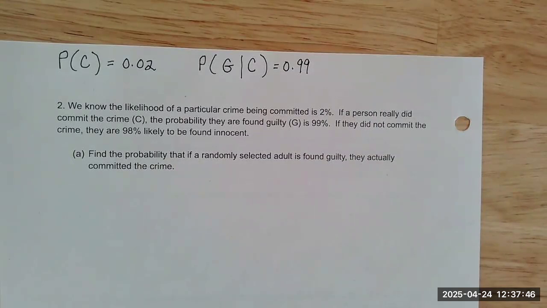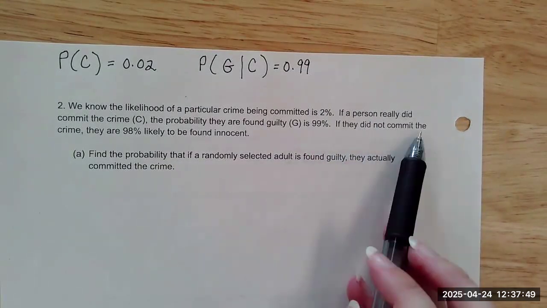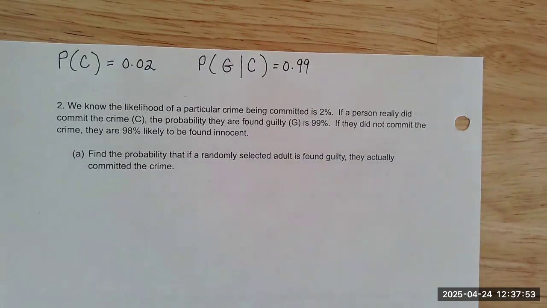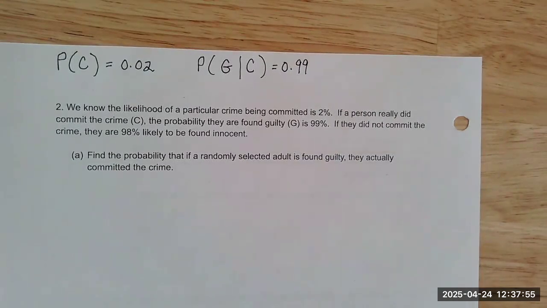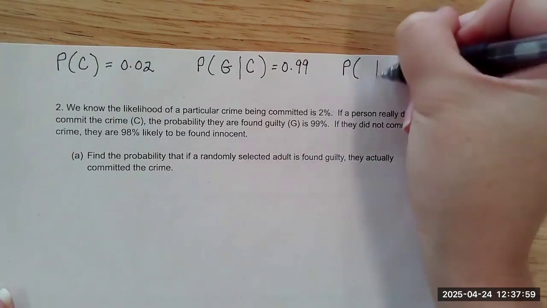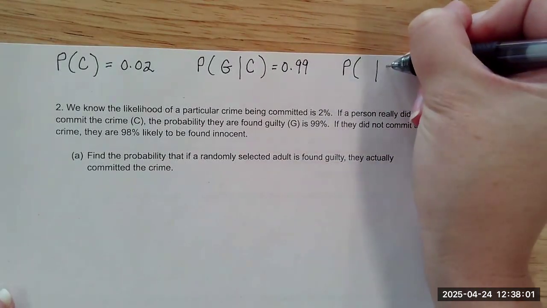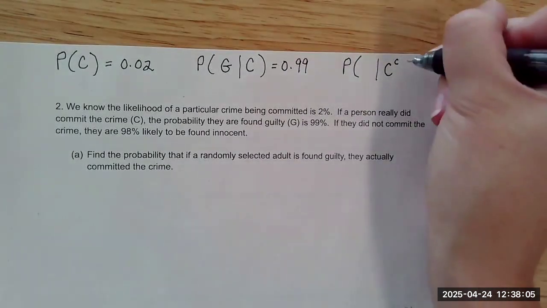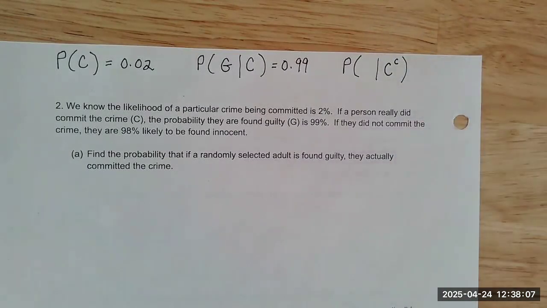They gave us one more thing. If they did not commit the crime, so given they didn't commit the crime, so I'm going to put capital C with a little c for they didn't commit the crime. Given that C complement, they're 98% likely to be found innocent.